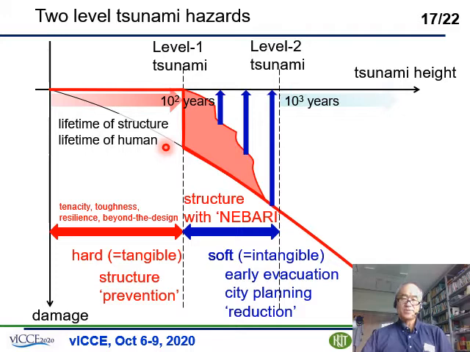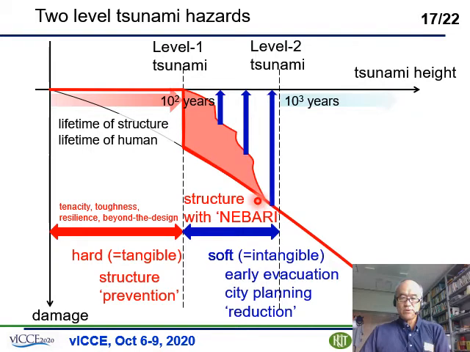Furthermore, structures are somewhat durable for tsunamis larger than the design level. In case we are successful in designing the behavior of seawalls against overflowing tsunamis, then the damage will be partially decreased by such structures.